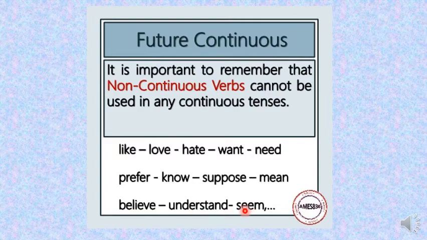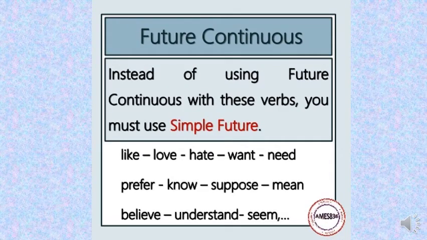These all are non-continuous verbs which cannot be used in any continuous tense. For example, you cannot say she is liking a cake. Instead of using future continuous with these verbs, you must use simple future. For example, she liked this a lot.